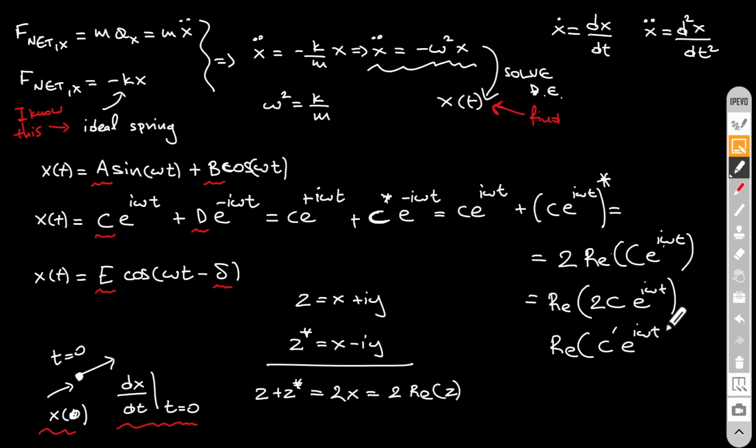Since I have 2 and c is a constant, I can just take the whole thing and rename it to another constant. And now since c prime is a constant, I can express it in this way: a, another constant, times e to the minus i delta, and then I continue to have e to the i omega t.